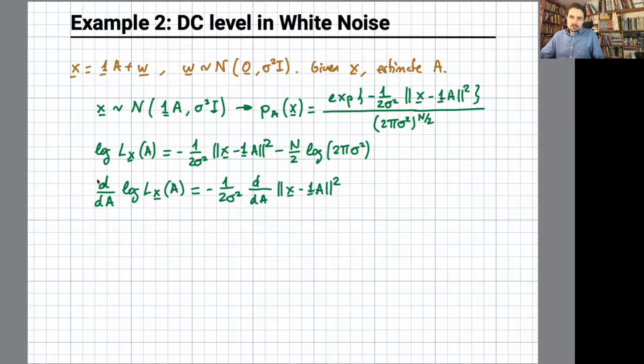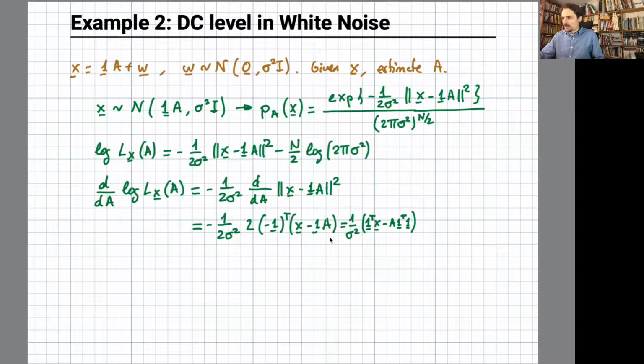To find the sought estimator, we need to differentiate the log likelihood function with respect to a, right? And since the second term doesn't depend on a, we just need to take the derivative of the first term, which, applying the chain rule, yields something like this. And upon applying some simplifications, we obtain something like this.